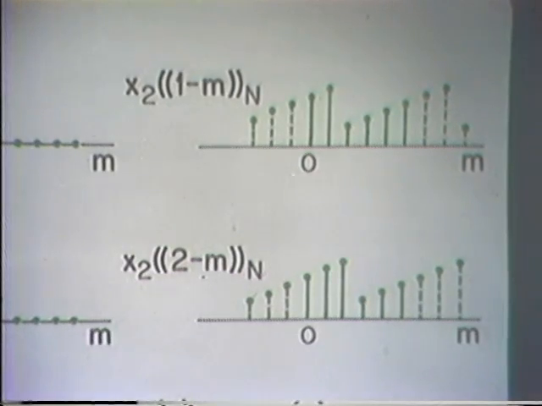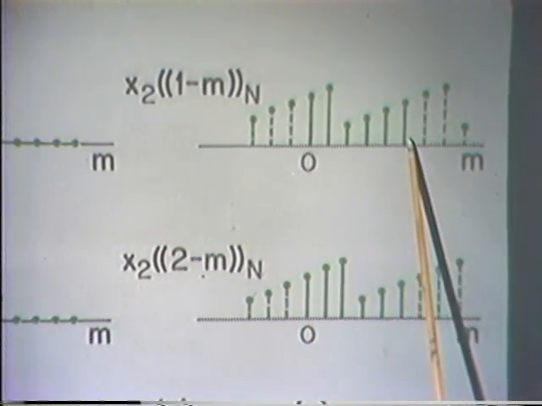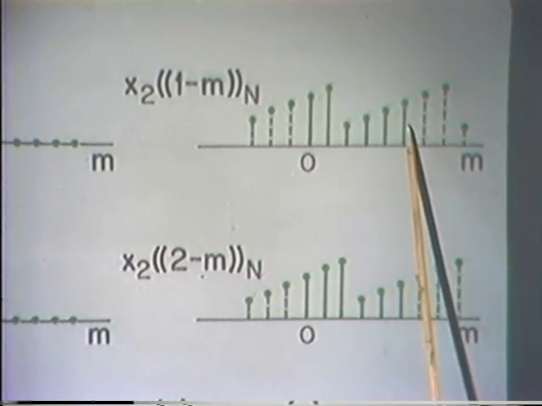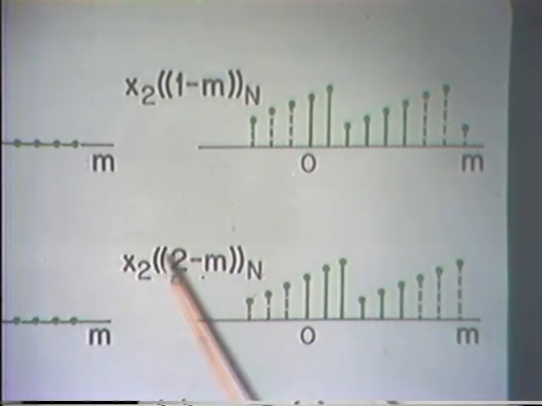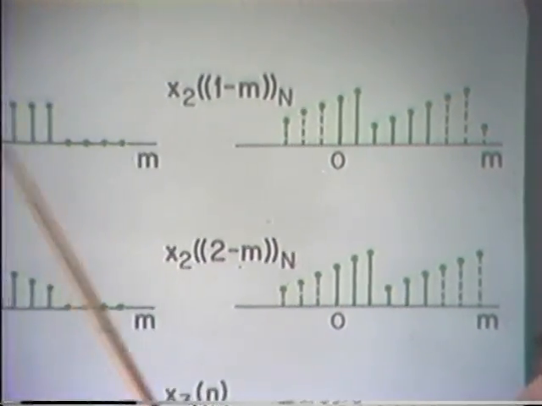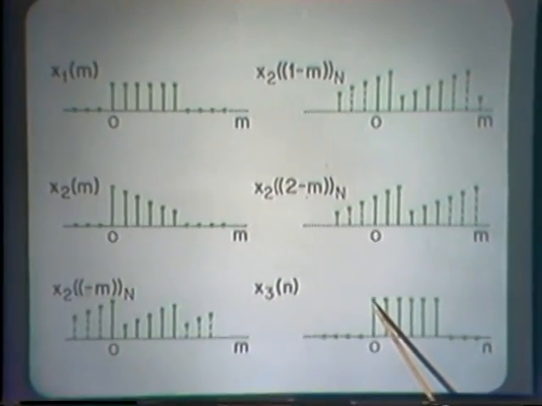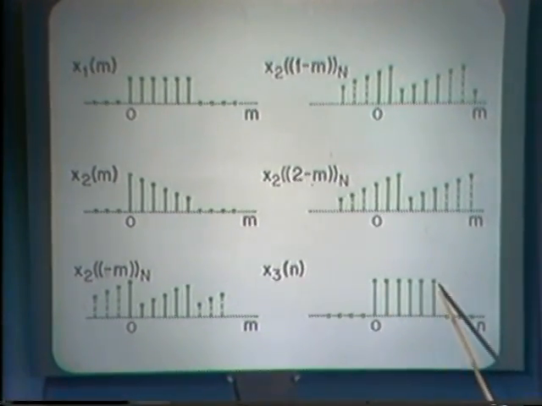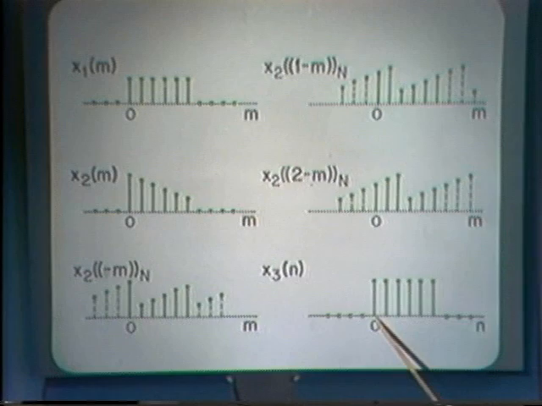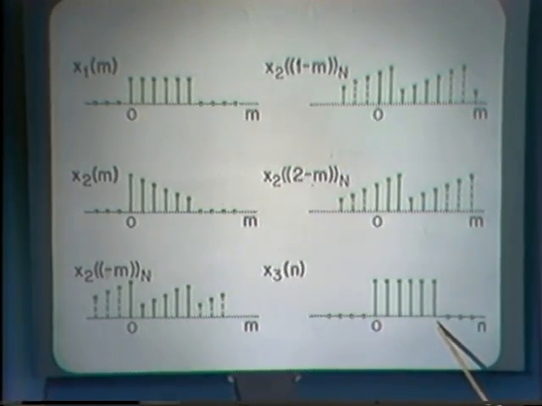To form the convolution then, for example, for little n equals 1, we multiply this set of values by this set of values and carry out the sum. And as I indicated last time, it's straightforward to see that the answer comes out to be unity over the interval 0 to capital N minus 1.